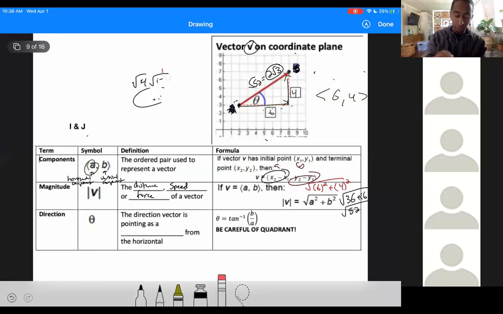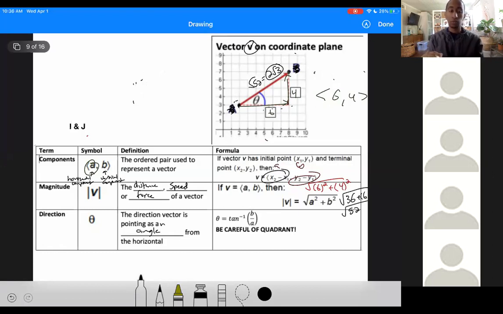So the other piece here is the direction, which is represented as theta. That's going to be the direction that the vector is pointing, as an angle from the horizontal, okay?